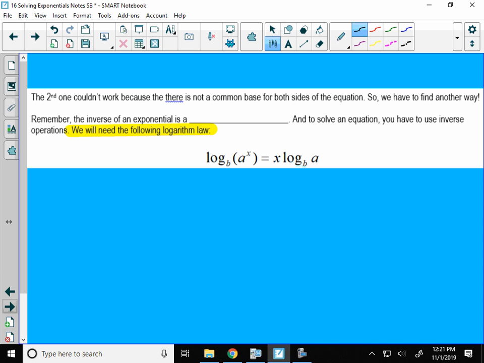So here's the law. One thing we need in order to solve these is a general understanding of this: what is the inverse of an exponential function? A logarithm. Okay, so think about when we solved another equation. Remember we talked the other day about how if I have x plus 7 equals 13, I have to subtract 7 from both sides because negative 7 is the inverse of positive 7.